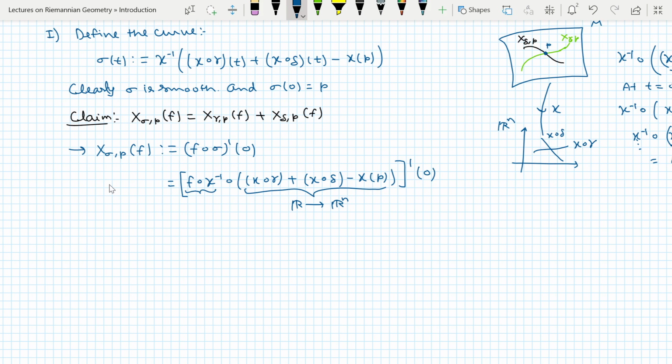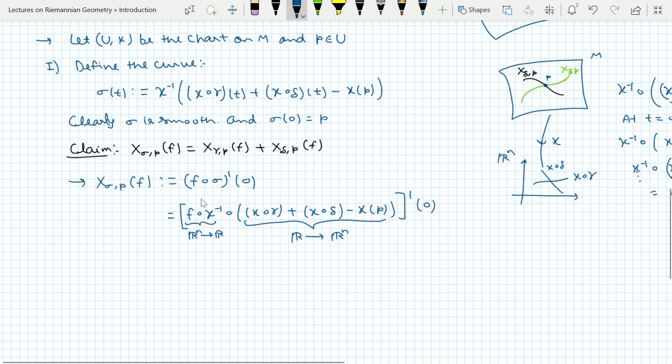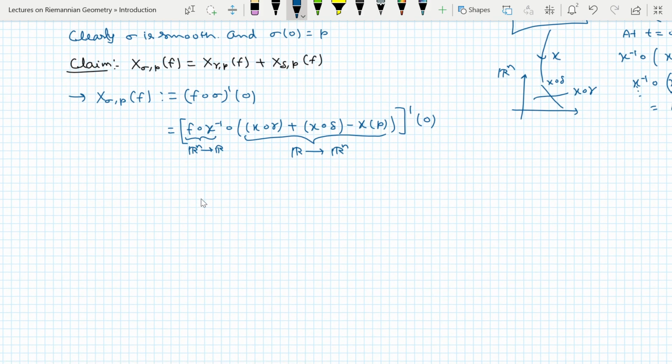N is the dimension of the manifold that we have taken. And this is a function f of x inverse. See, f is going from M to R, and x inverse is going from here to here. So obviously this is a function from Rn to R. So here you have the composition of two functions.